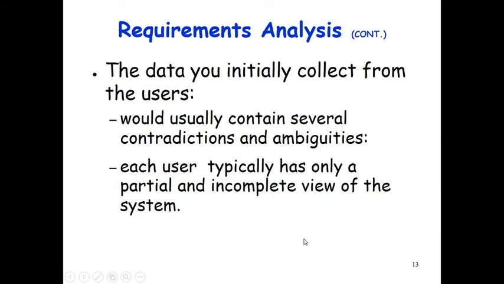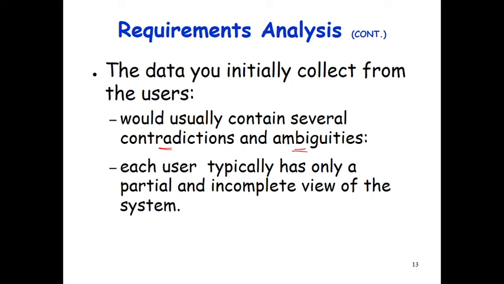So this is the requirement analysis. The data whatever you have collected from the users, you need to analyze. It would usually contain several different contradictions and ambiguities. So you need to analyze those, and each user typically has only a partial and incomplete view of the system. Each user cannot see each and everything in the system, so they have a partial and incomplete view of the system.